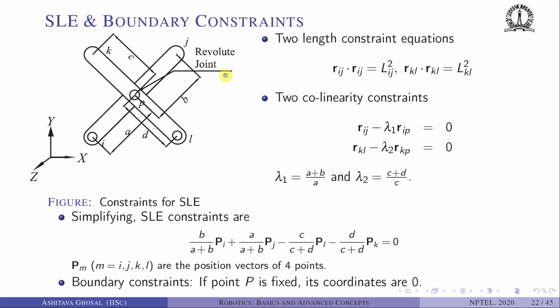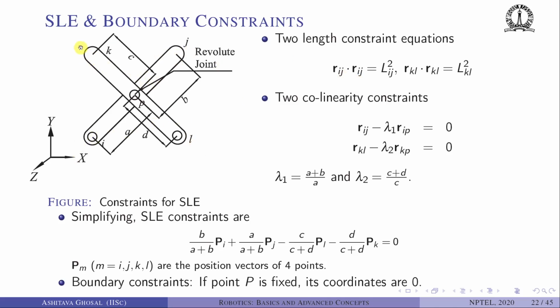So in the case of an SLE, we can write the constraints in the following form. So we have one joint I, L, this distance is A, this distance is D, this distance is B, this distance is C, and we have another point K and another point J. And this is another revolute joint. So you can see Rij dot Rij, so I to J, this is a single link, so the length will remain constant.